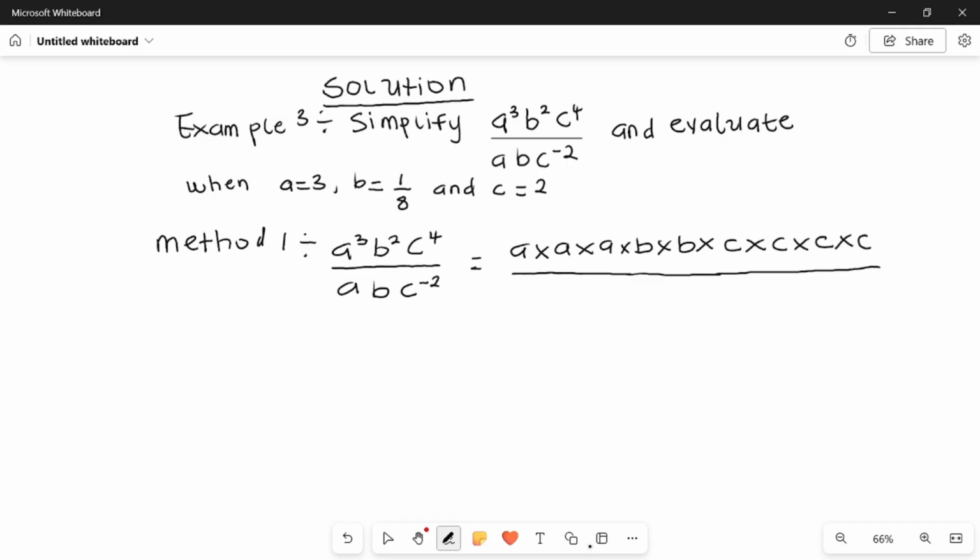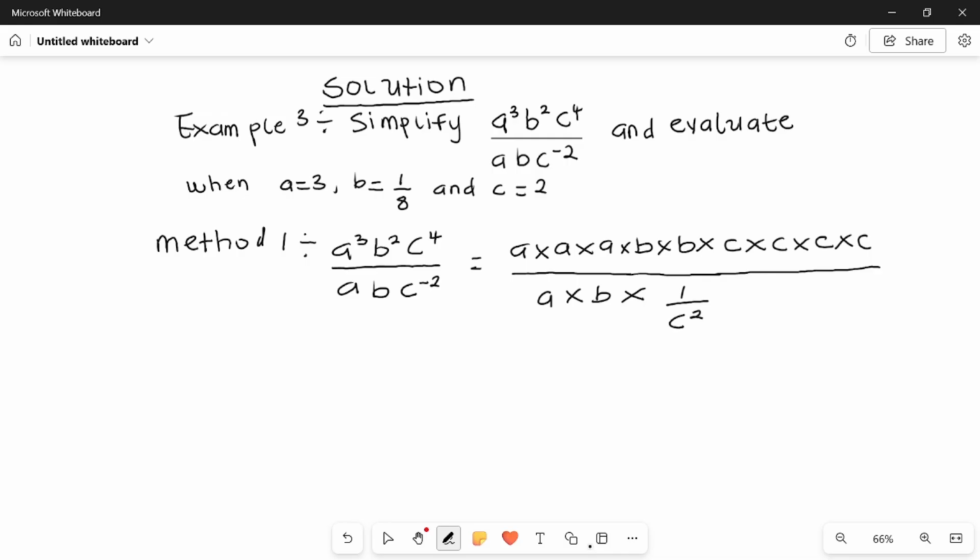All over a times b. Then here we apply the negative index, which states that anytime we see a negative number, we simply change it to a fraction, as it is going to be 1 over c squared. So it will now be a times b times 1 over, to remove this negative, we bring back down our base, c squared.